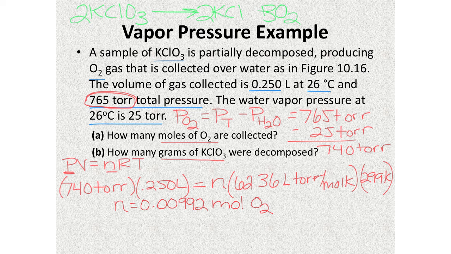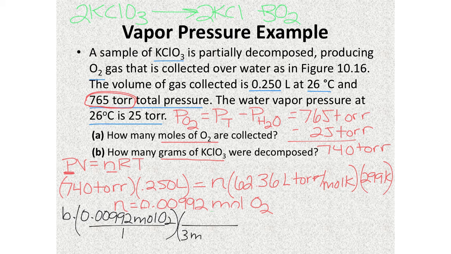So then through stoichiometry, I'm going to take that 0.00992 moles of O2 and using the mole ratio from the balanced equation, so 3 moles of O2 will produce 2 moles of KClO3.